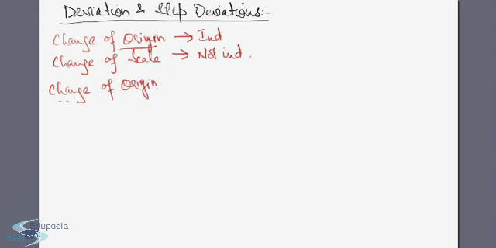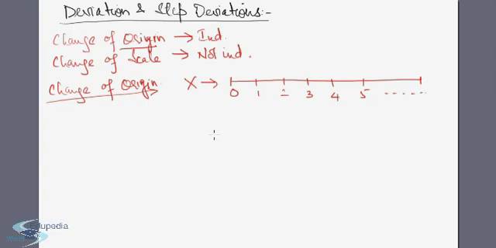Let's say we have a variable x, and the values of the variable x are denoted on this number scale starting from 0, 1, 2, 3, 4, 5 and so on. Let me define another variable d, and the relationship between x and d is given by x minus a constant, say 3.